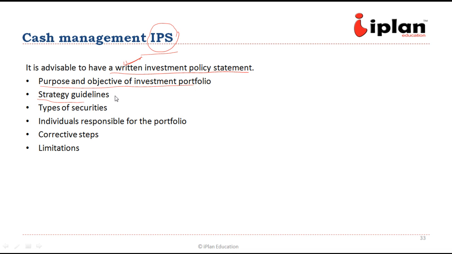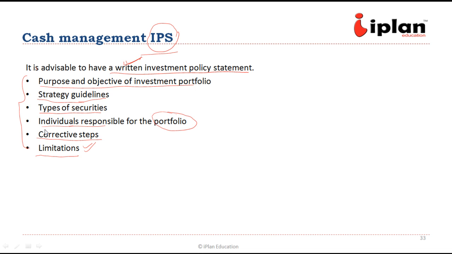The strategies which are to be followed for cash management are given in detail, and what types of securities are allowed for cash management in the short term. Who are the individuals responsible for the portfolio, what are the possible corrective steps based on previous experiences, and what are the limitations in our investment policy. All these things need to be clearly documented.